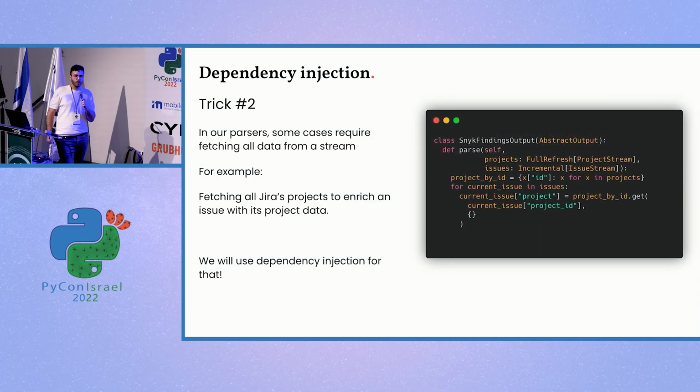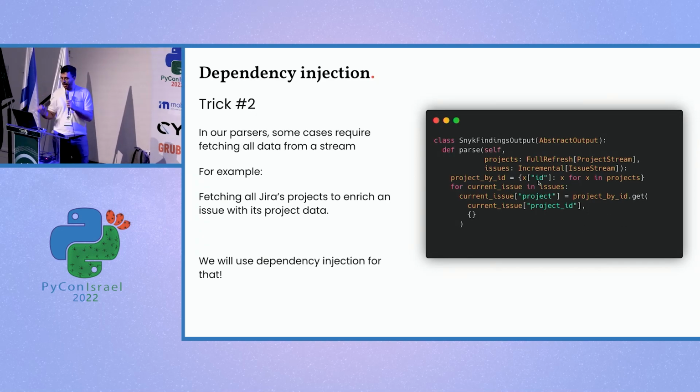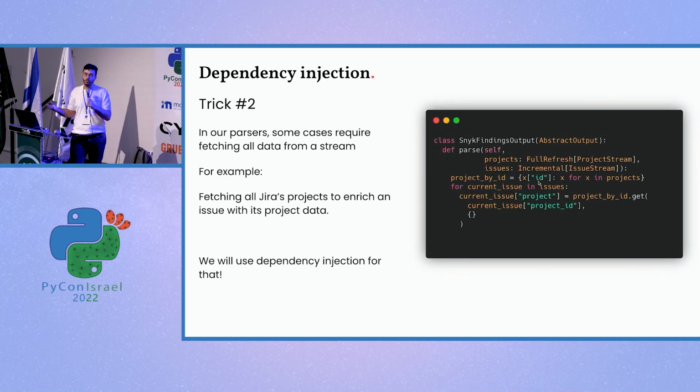The second trick that we created is using dependency injection to abstract all the pain away from the developers. If someone used, for example, FastAPI, they saw things like that. As a developer on the parser side, I need to tell the SDK what data I need to fetch. For example, to parse Snyk, I need to fetch a full refresh of the project stream, and there I used generic typing of Python.